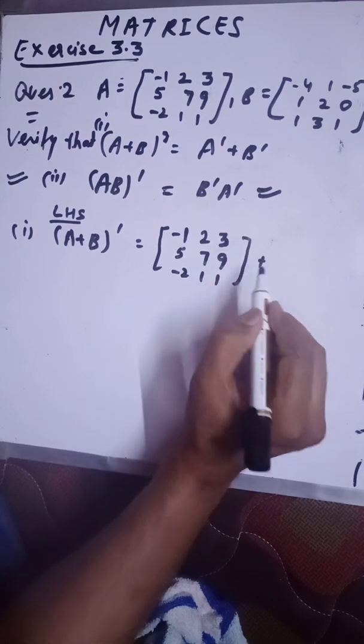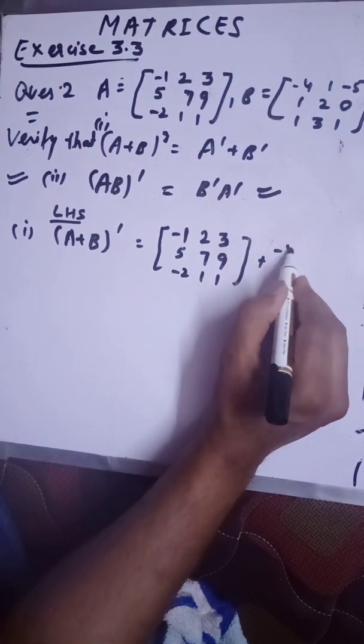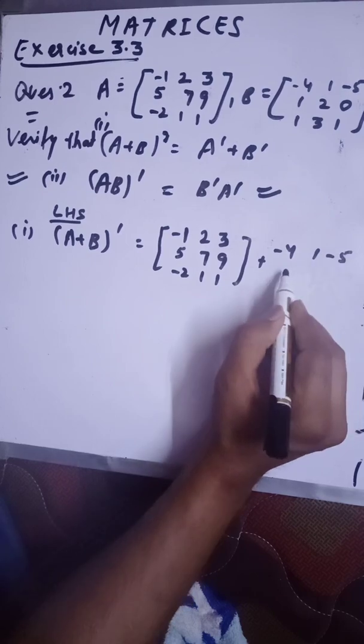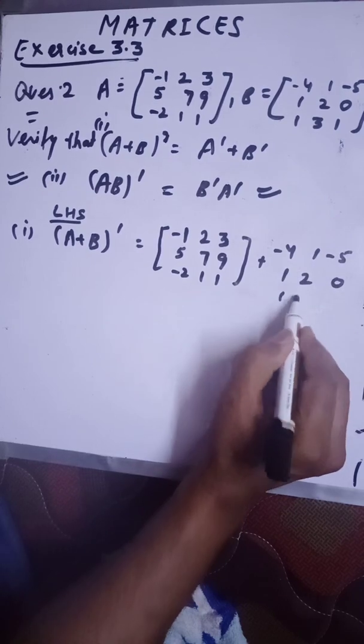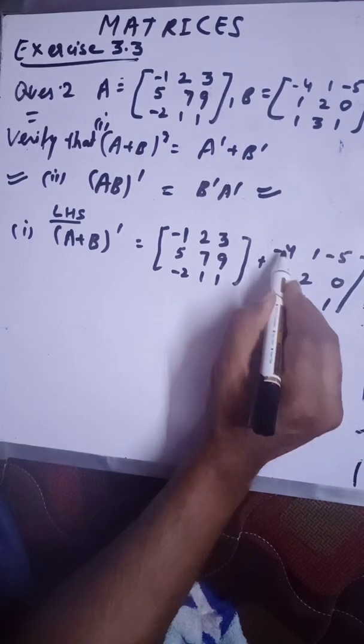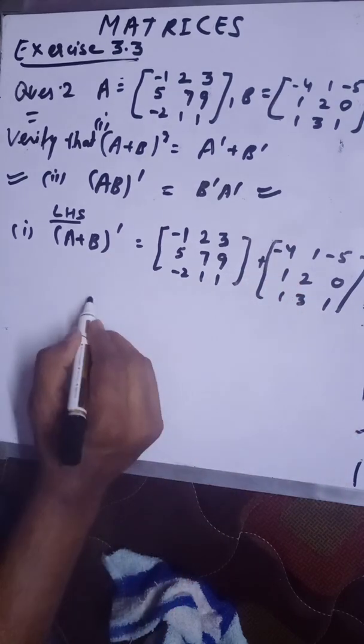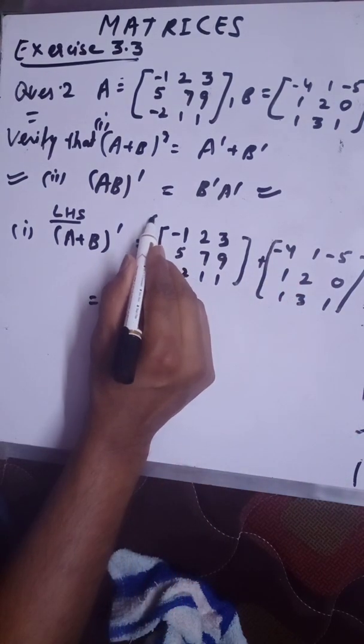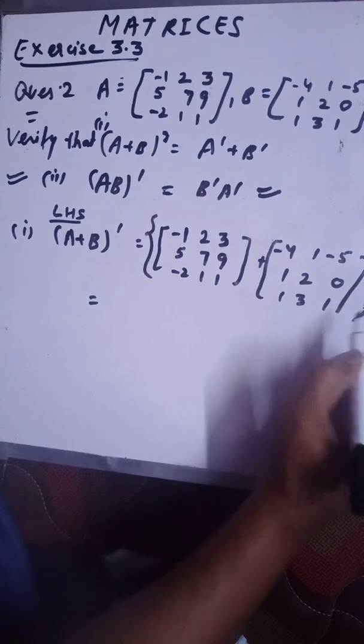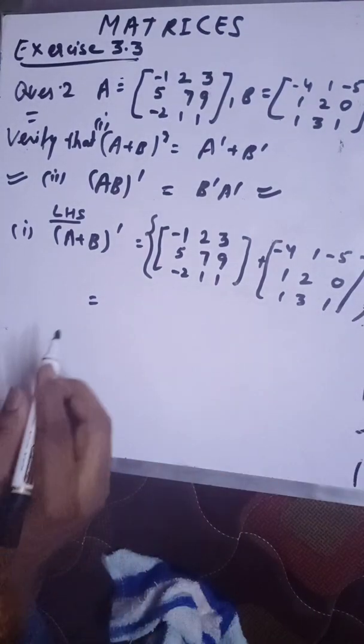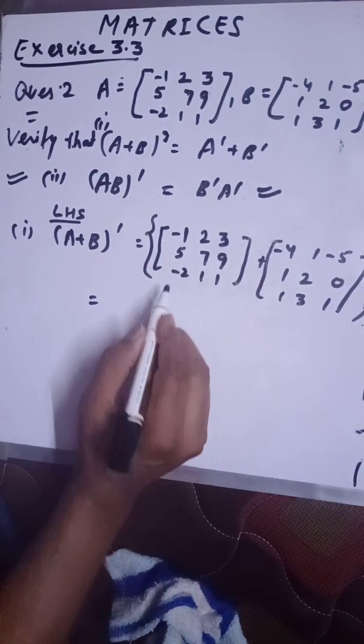This is matrix A, and this is matrix B. Fine. And the transpose of this whole matrix. Fine. So first of all add these two.